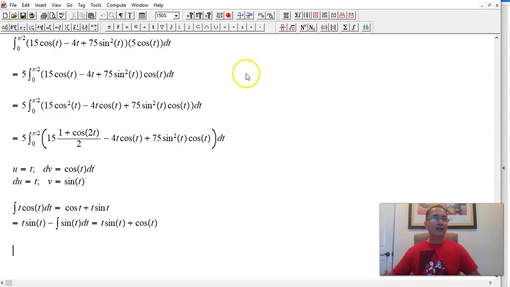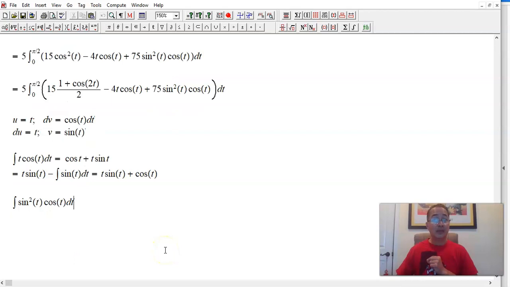So that takes care of the second one. What about the third? Do we know how to integrate sine squared of t cosine t dt? Should we do integration by parts? I do believe there is a simpler way to do it, right? Do you see what I see? Just a simple u substitution.